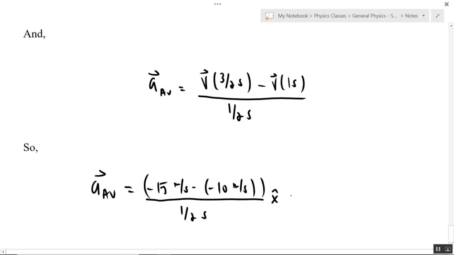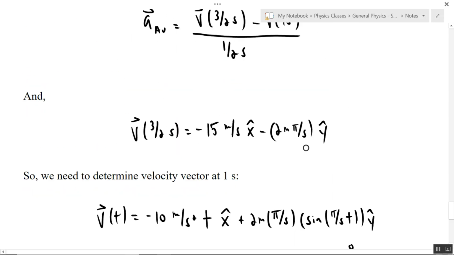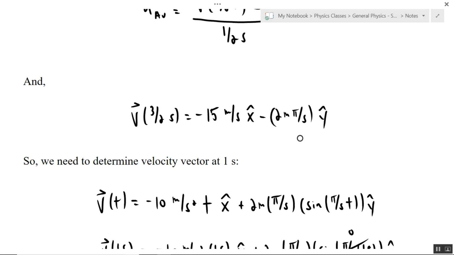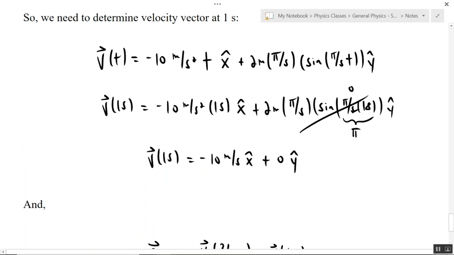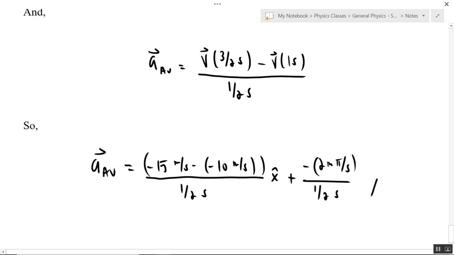And then the y part is just the final, it's VF, which is 3/2 of a second, which is negative 2 meter pi per second, minus 0, because there's nothing for the y part. Also divided by half a second, right? Divide both of them by the same delta t.